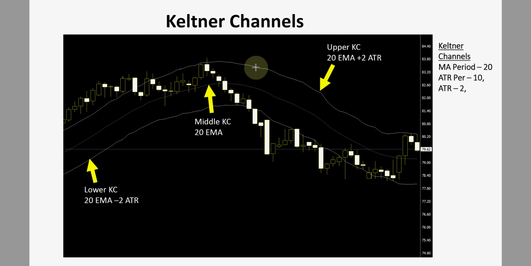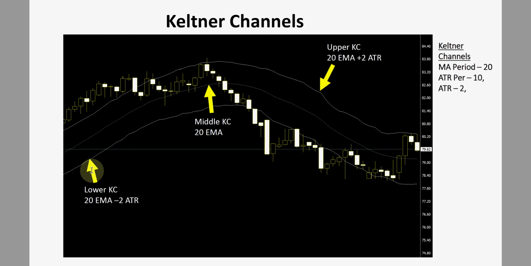Remember that the upper Bollinger Band is made using 20 simple moving average plus 2 standard deviations. Keltner Channel is drawn by 20 exponential moving average plus 2 average true range, 2 ATR.